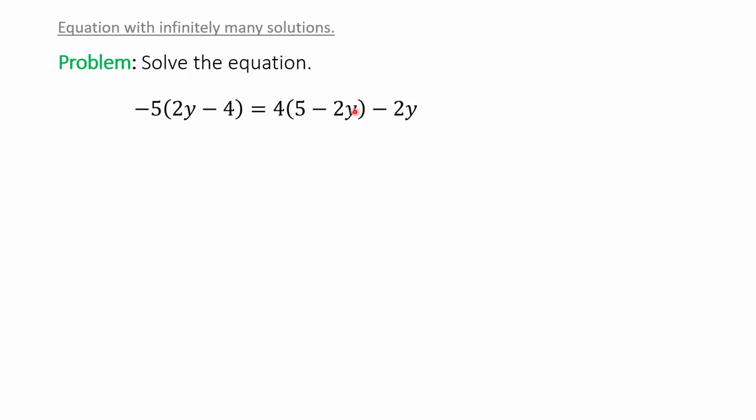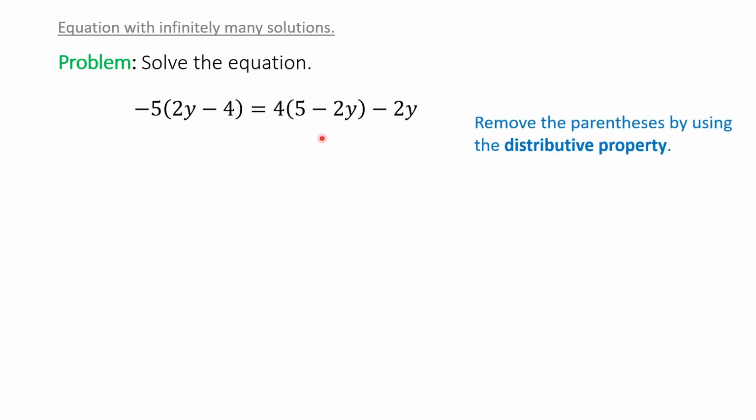This equation has infinitely many solutions. We are going to prove that. In this equation, there is parenthesis and also parenthesis here. First, you need to remove these parentheses by using the distributive property.